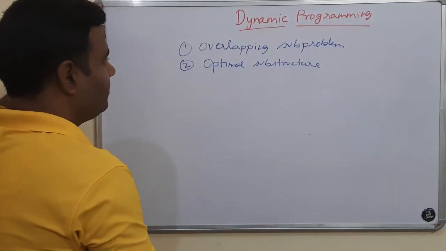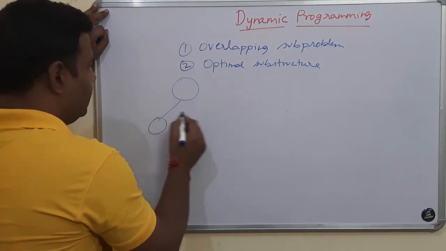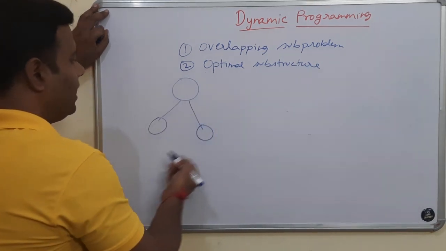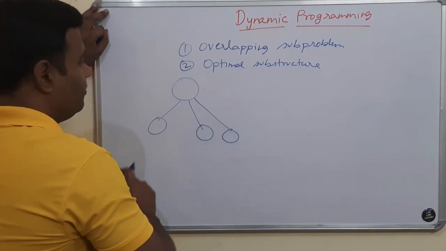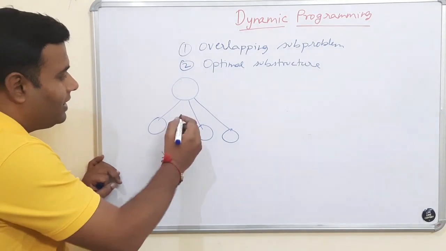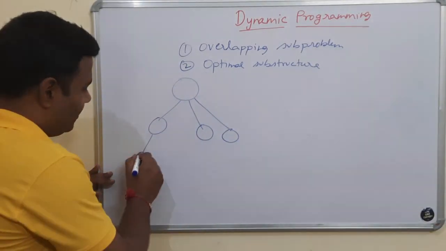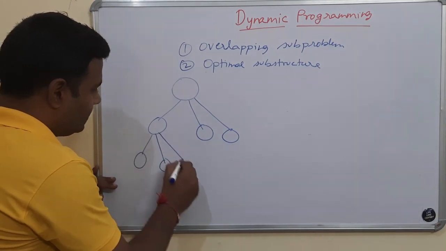So in overlapping subproblems, let's say you are given a problem. You divide it into smaller problems. It can be two or multiple. Let me put three so that it doesn't look like a binary tree, but definitely it's a tree. Let's divide this again.